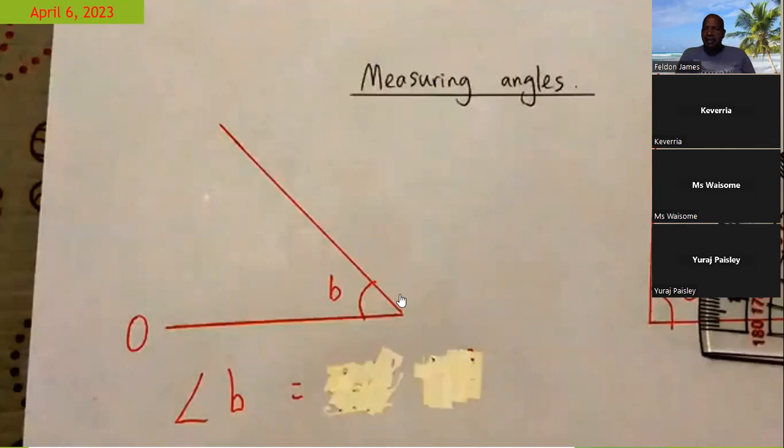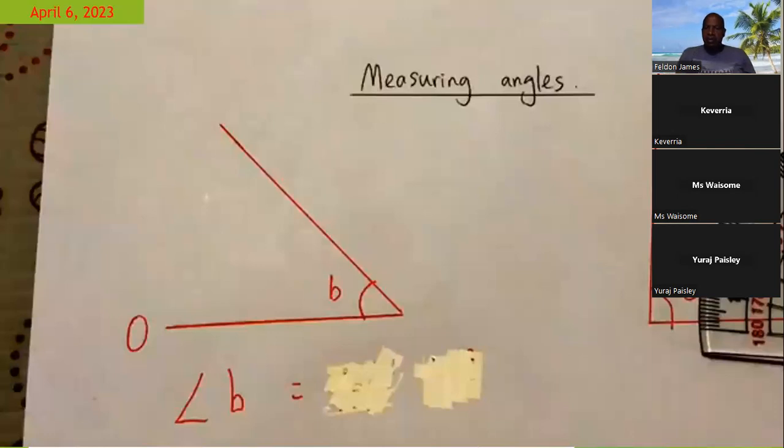You may not hear the volume very well, but you may be able to see what is happening. It is illustrating how we use the protractor to measure angles. So pay attention as much as possible to see how the protractor is being used when they're measuring angles.